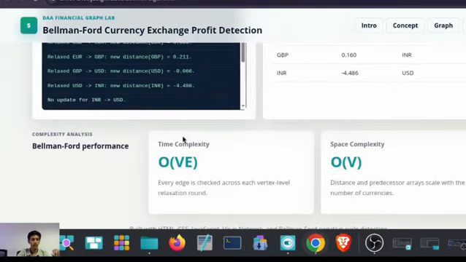For a conclusion, the Bellman-Ford algorithm is used to find the shortest route in many solutions. For example, we have taken currencies. There can be many countries we can exchange our currencies to, but the Bellman-Ford algorithm helps to find the shortest path and give higher profit in the exchange rate.